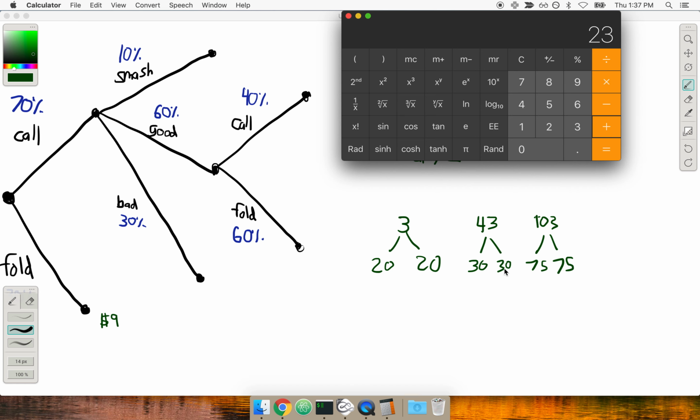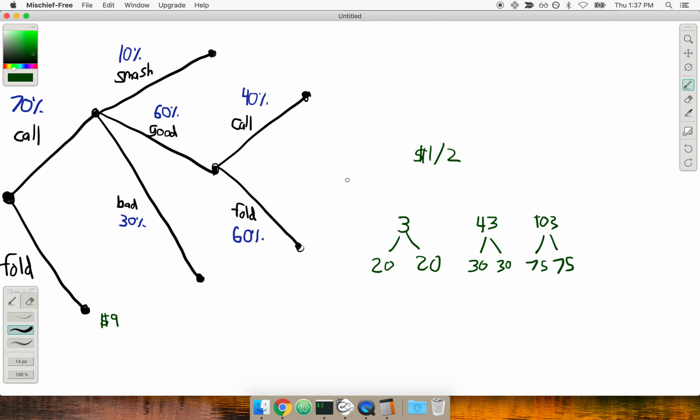Then we're going to win another 30 on the flop. And then finally another 75 on the turn. So in this scenario, we ended up winning $128. So that's what I'm going to write in over here. In this leaf node, we ended up winning $128.